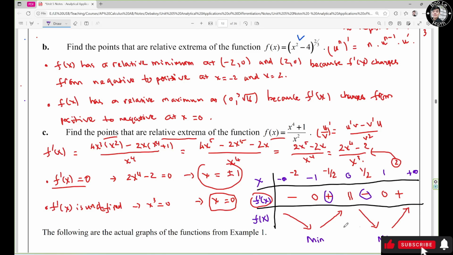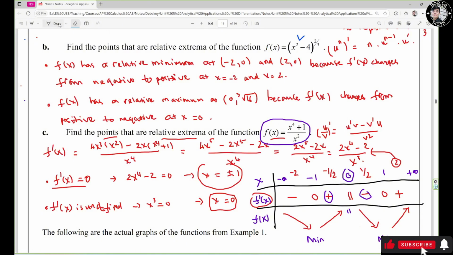So the function f of s obtains the maximum, right? But when you substitute 0 for s back to the original function right here, observe that the function is undefined, right? So this guy is undefined. Therefore, there is no relative maximum right here.